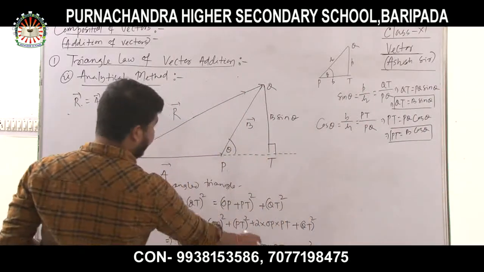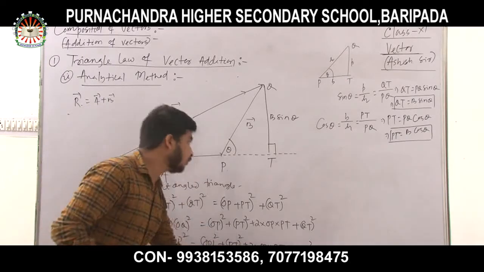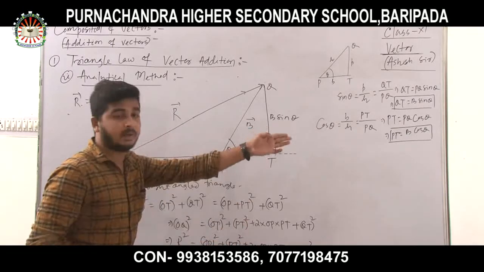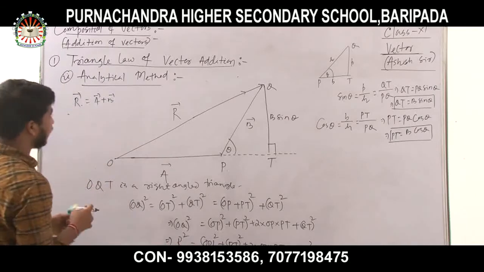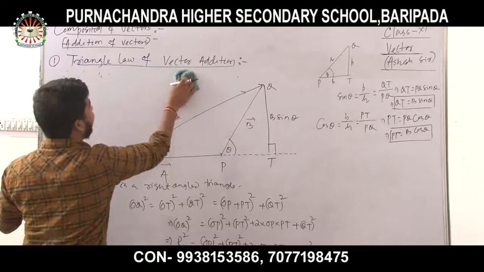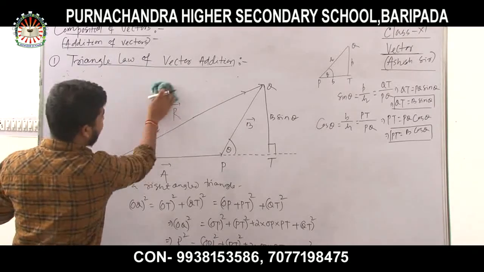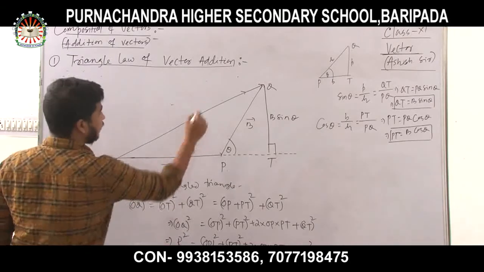So now look at equation 1. We have the value of QT and we have the value of PT. Just put these values in equation 1. This is R vector.